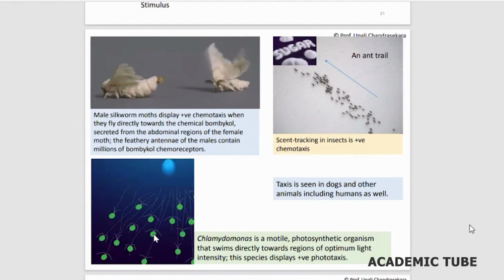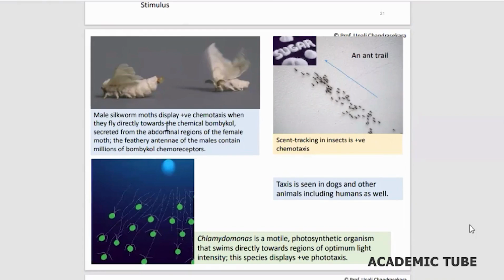It can move, and it can make its own food. It can photosynthesize, right? So chlamydomonas usually swims towards light, which is phototaxis, positive phototaxis.